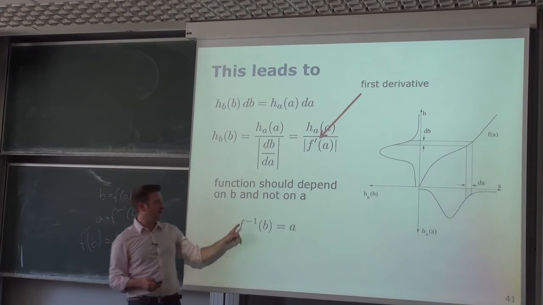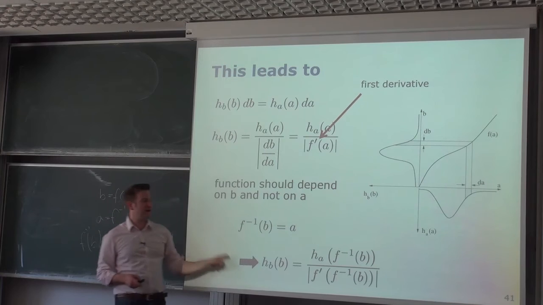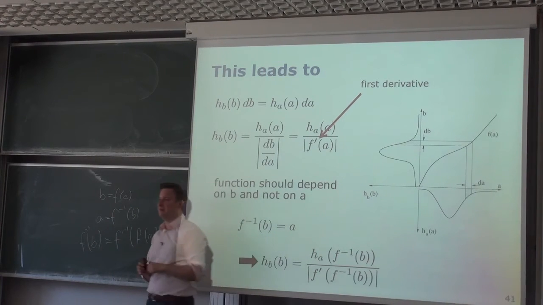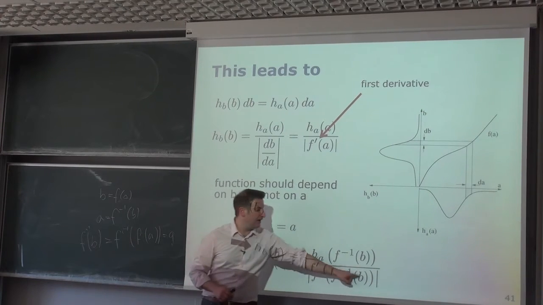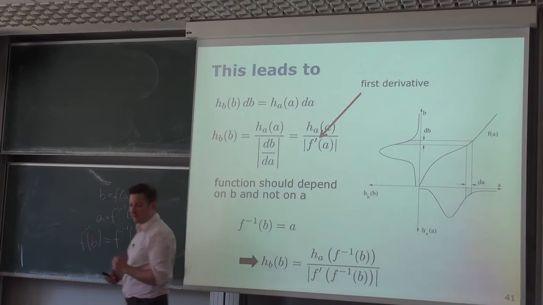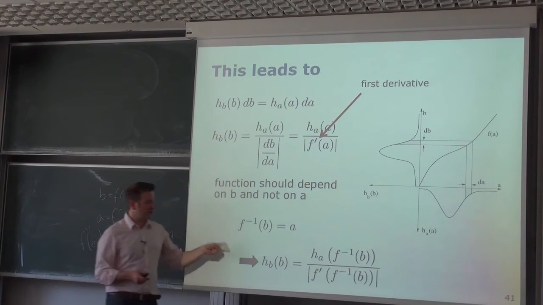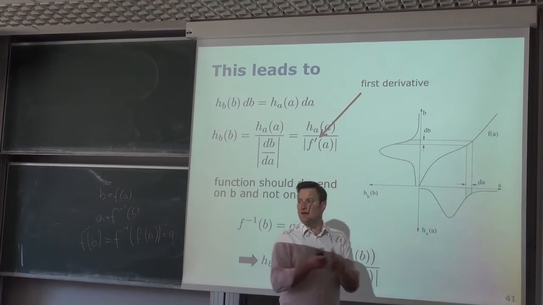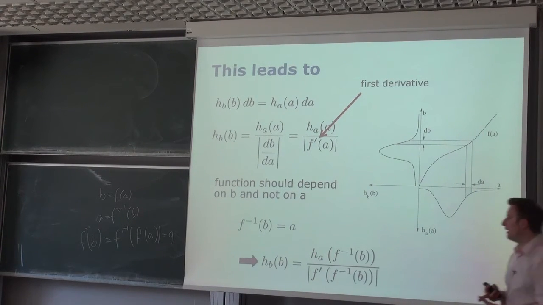F inverse of b equals a. So I can now change my function so that it nicely depends on b. Now if I put a b in here, I have my b's in here and don't depend on any other variable.